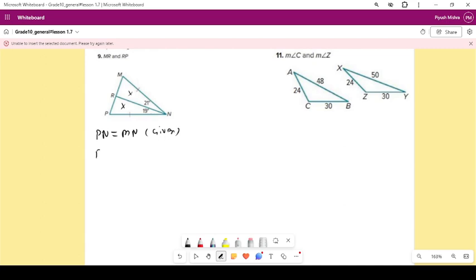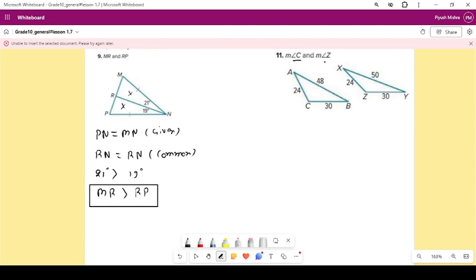Second thing is RN is equal to RN. It is common. And the third thing, 21 is bigger. So I will be writing 21 is greater than 19. Now if 21 is big, then the opposite side MR will be greater than RP. Finished. Okay, this one only you have to do.